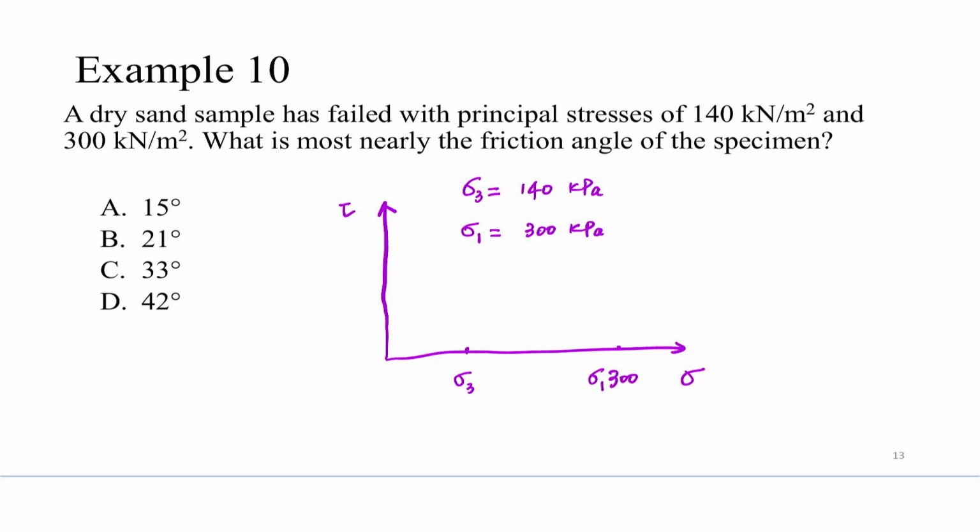I'm just going to use all the numbers just to make everything a little bit easier. Again, for principal stresses, the principal plane does not have any shear, so the shear stress is basically 0. So you have the sigma 1 and the sigma 3, and now you can go ahead and construct a Mohr circle.